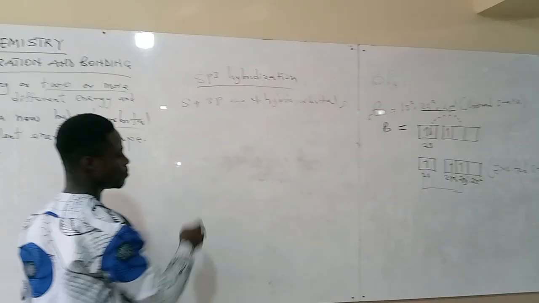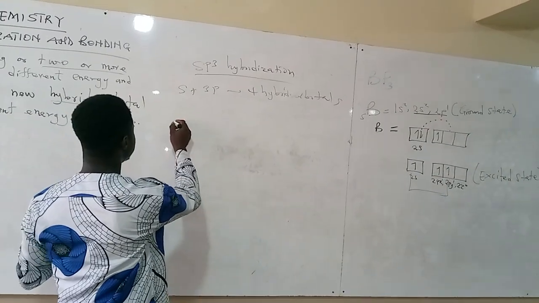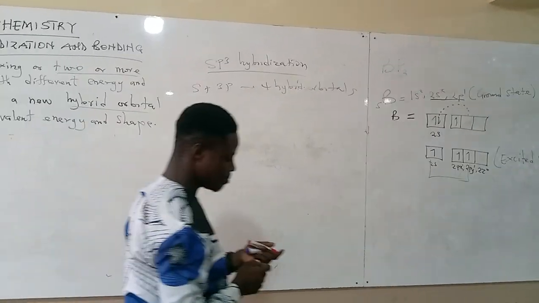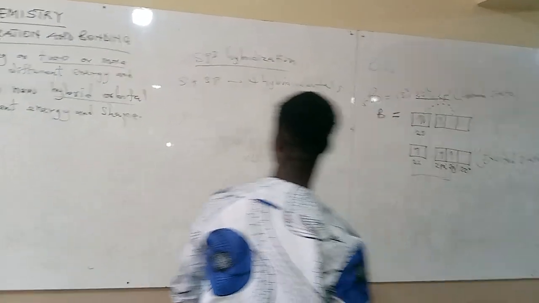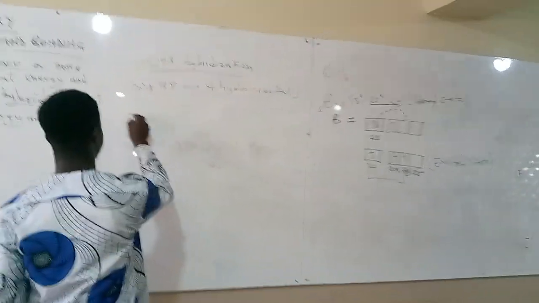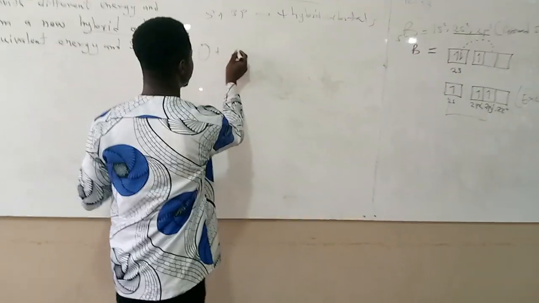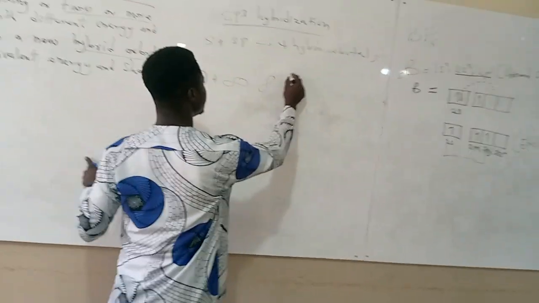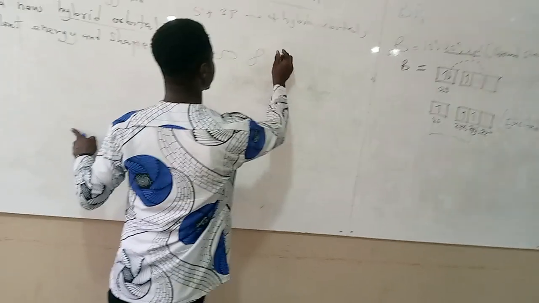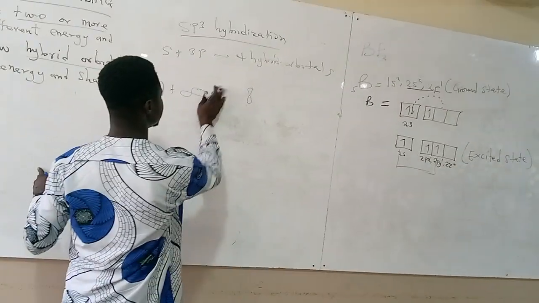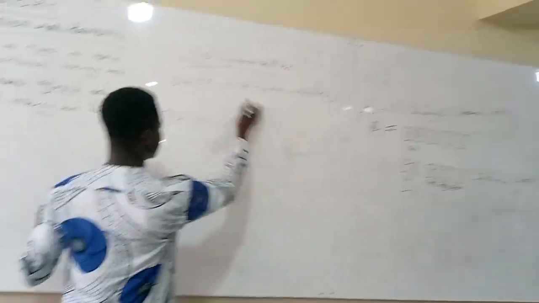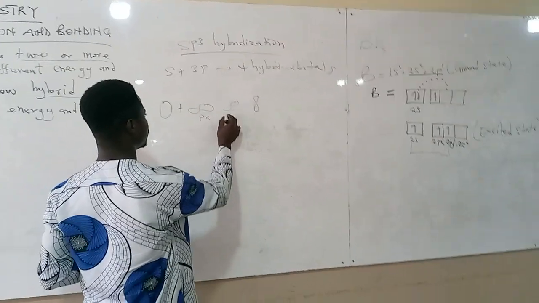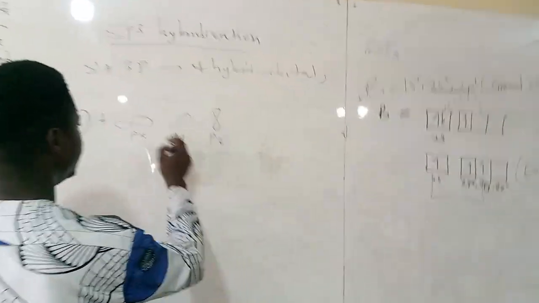Alright. Now let's come to the shape and then the angle. In terms of shape, let's meet this S. This is spherical in shape. So this is the S, spherical in shape, plus 3 P. So we have Px like this, Py like this, and Pz like this. So Px, Py, Pz.